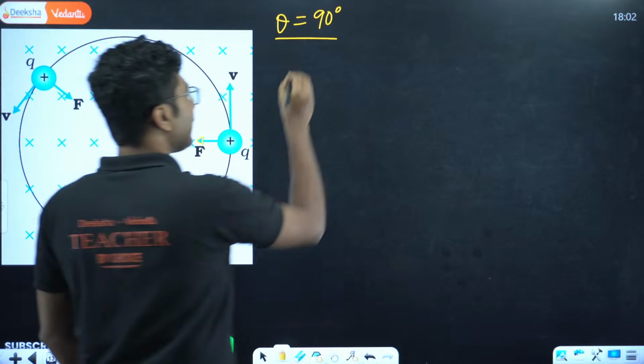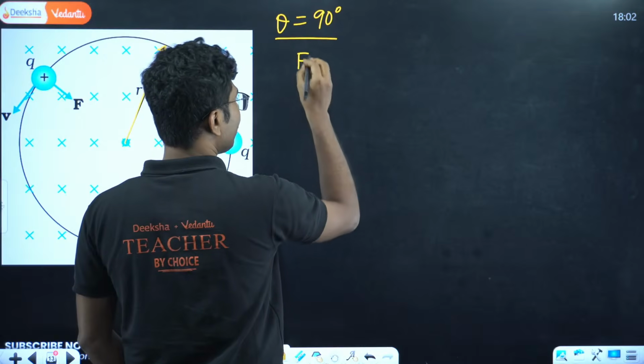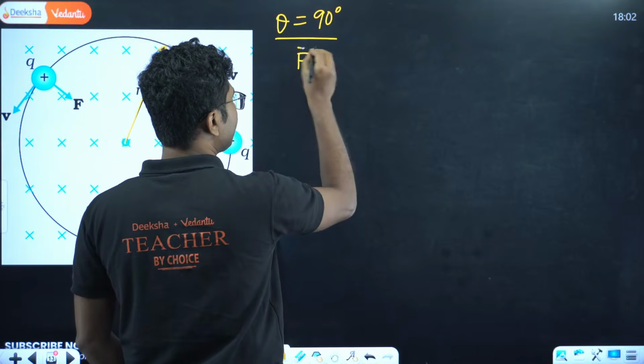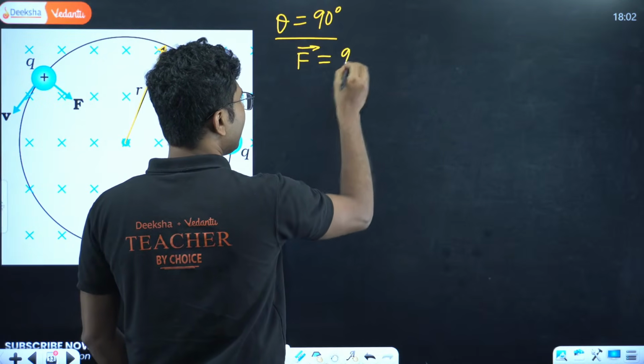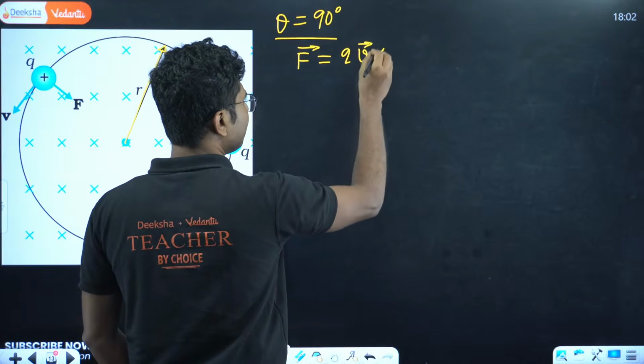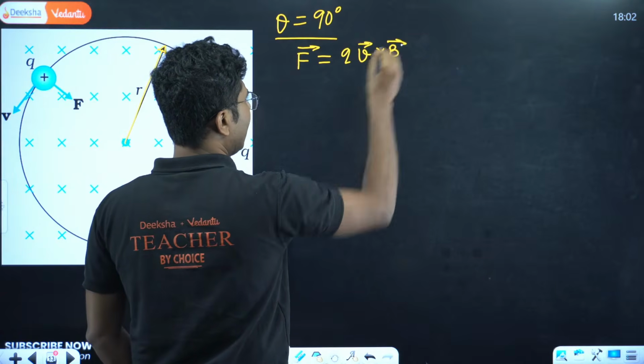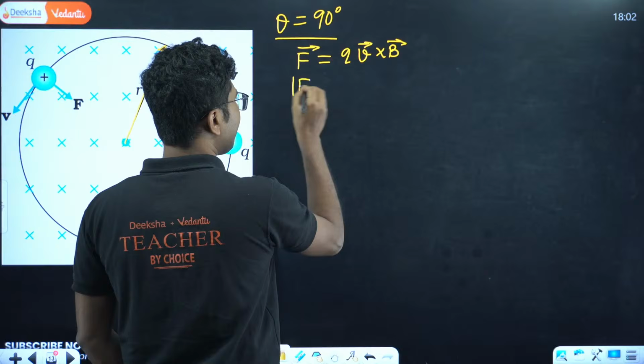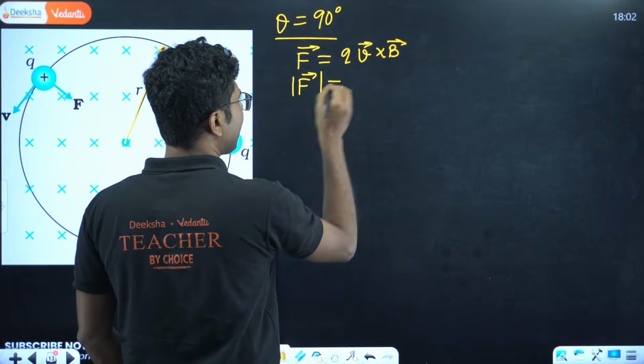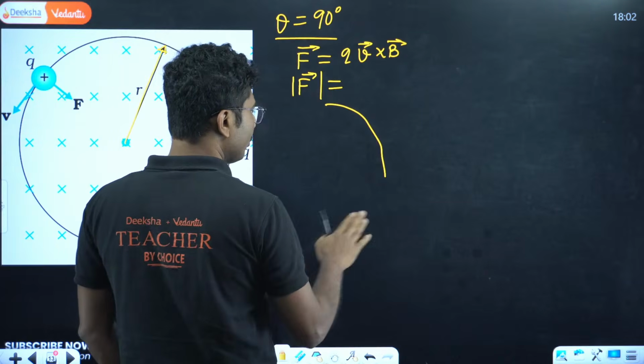Now, we know the magnetic component of the Lorentz force was given by F = q(v × B). If you write it in scalar form, what is the magnetic force?